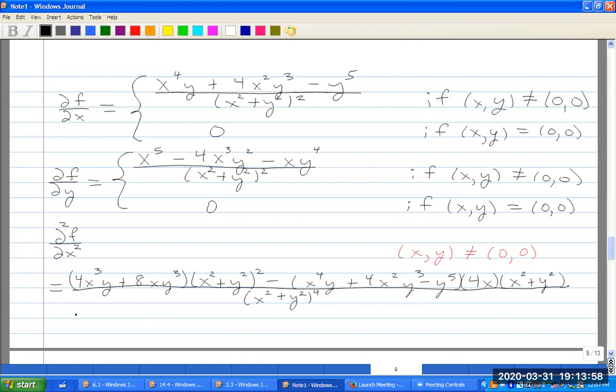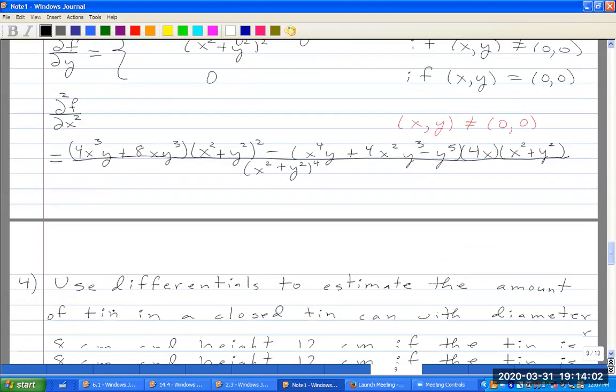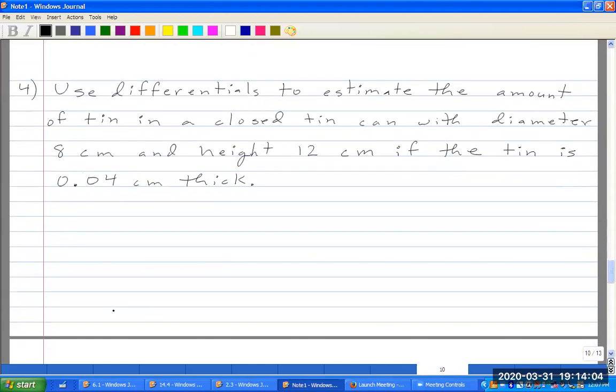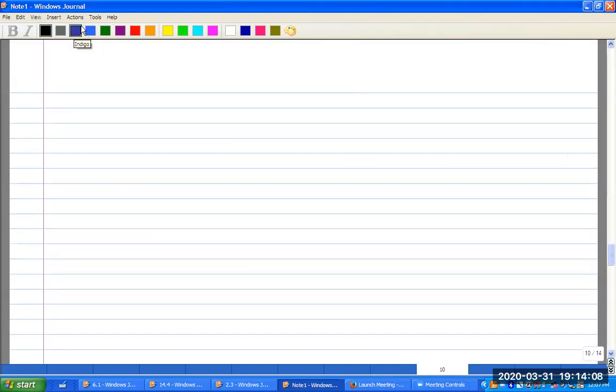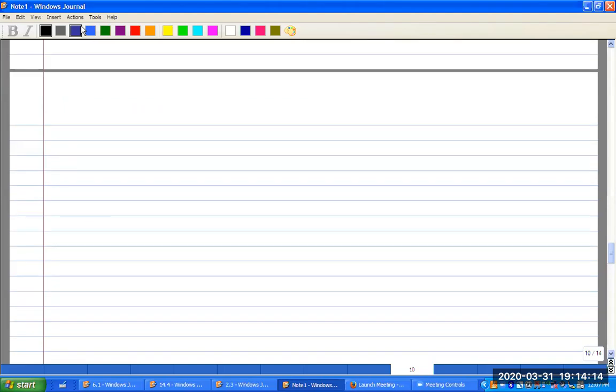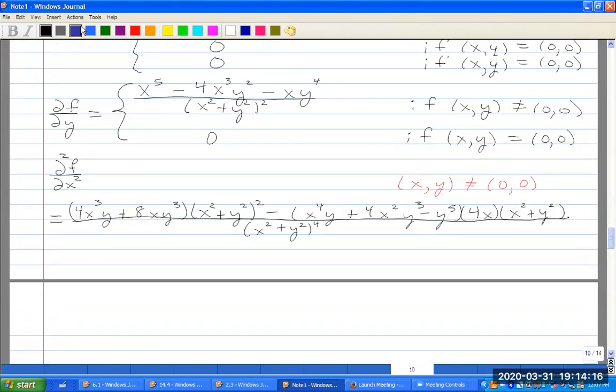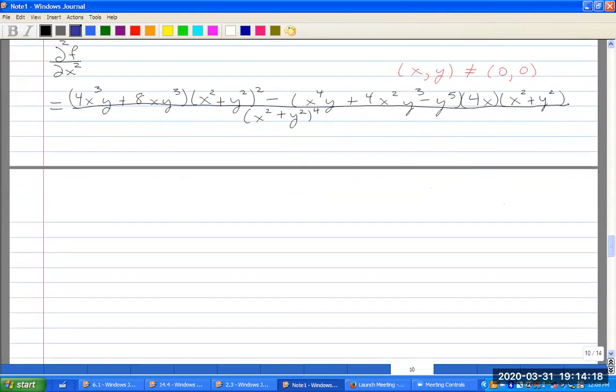So this is equal, don't have any room. Okay, so let's get some more space here. This is equal to, let's get rid of one of the x squares.